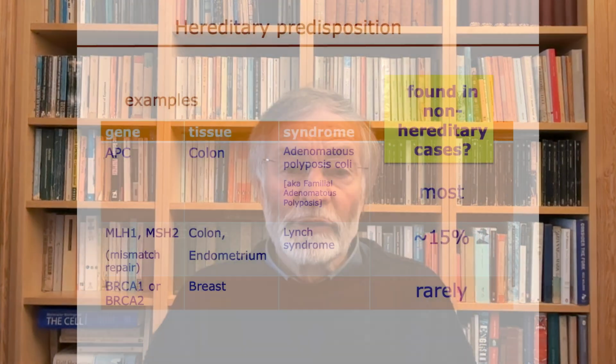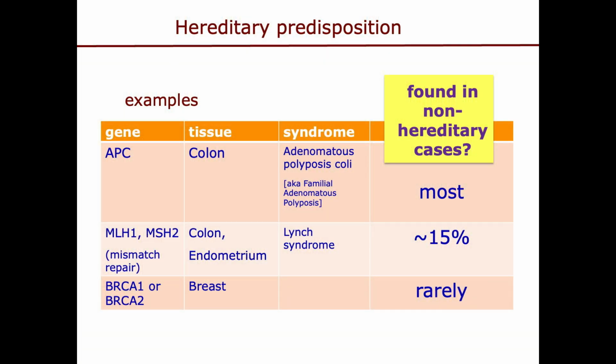As for APC, mutations in mismatch repair can either be inherited in the hereditary predisposition syndrome or they can occur during life. But rather disappointingly, in the case of BRCA1 and BRCA2 mutations, most of these are germline mutations, and although some people get mutations in these genes during life, it's not a particularly common thing in breast cancer and related cancers.